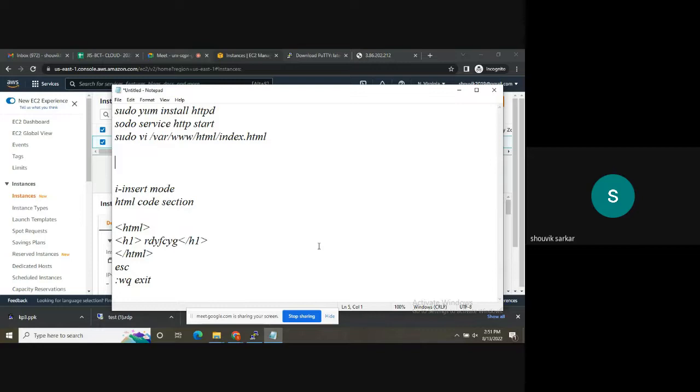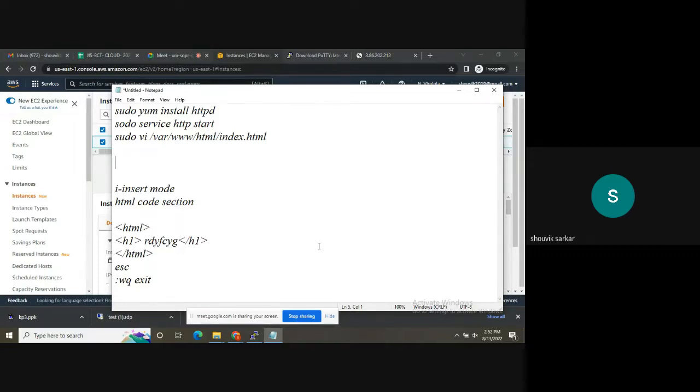Then www, this is actually where we want to put, and within that www we have a root html folder. Within that we want to create a page that is index.html.